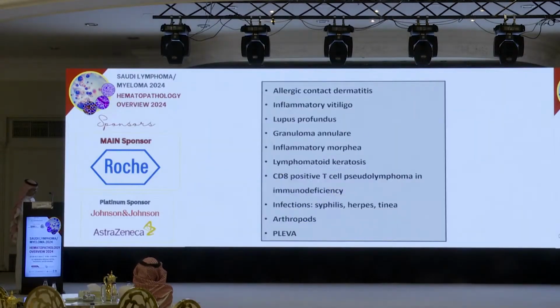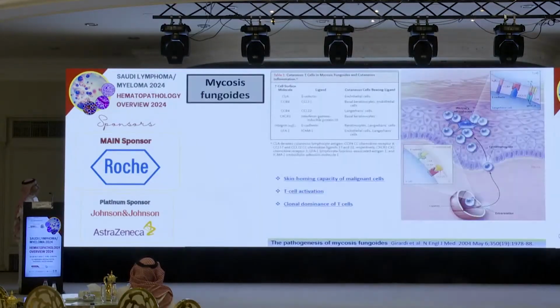Here are other entities that overlap with mycosis fungoides. This represents the pathogenesis of mycosis fungoides. They have the T lymphocytes. They have multiple receptors, and they infiltrate the epidermis through specific surface molecules.